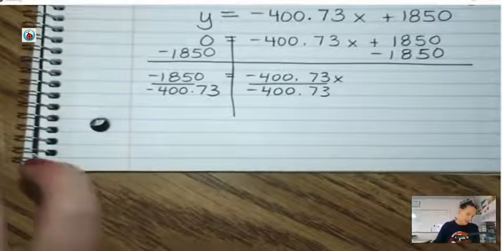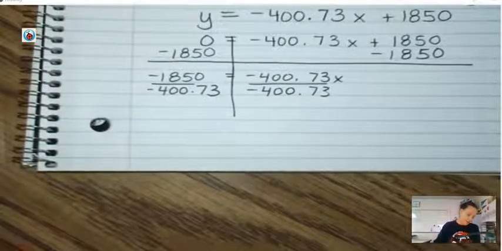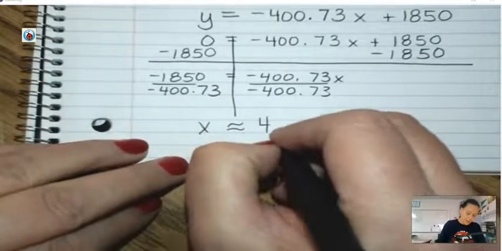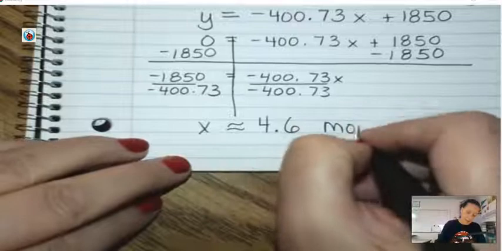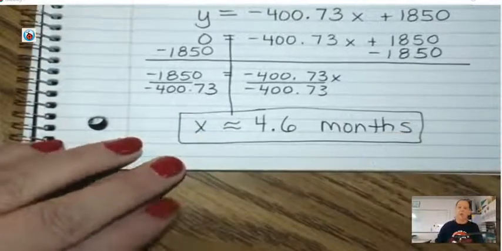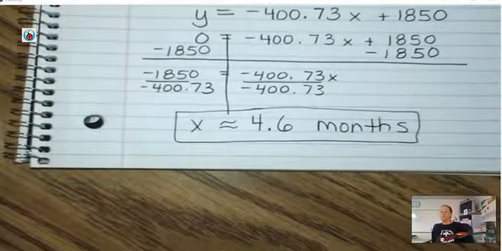Negative 1850 divided by negative 400.73. x is approximately 4.6 months. So he can use that bank account for 4 months, but at 5 months he's going to overdraw.